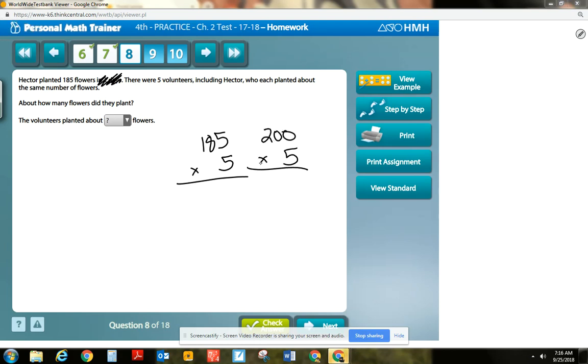So each volunteer planted about 200 flowers, and there's 5 of them, right? So we're going to do 5 times 200, which is 1,000. Oh, that's 1,000. Right here. There we go. When we look at these answer choices, it's really the only one that's making a lot of sense.